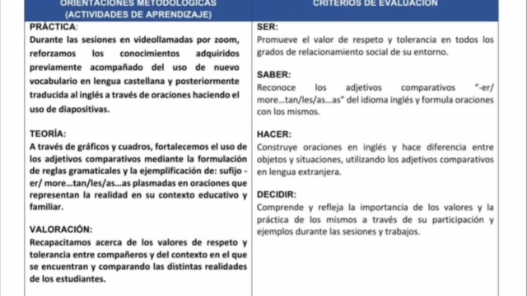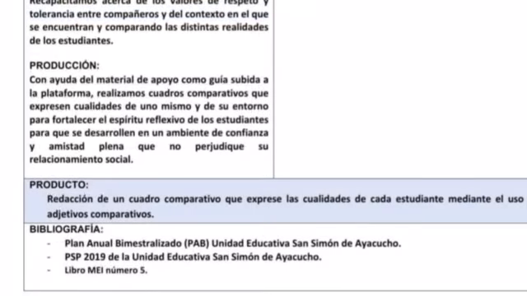And then in the theory part, we're going to learn again some comparative adjectives, maybe new ones, and we're going to learn the suffix er, more than, less, and as, right?